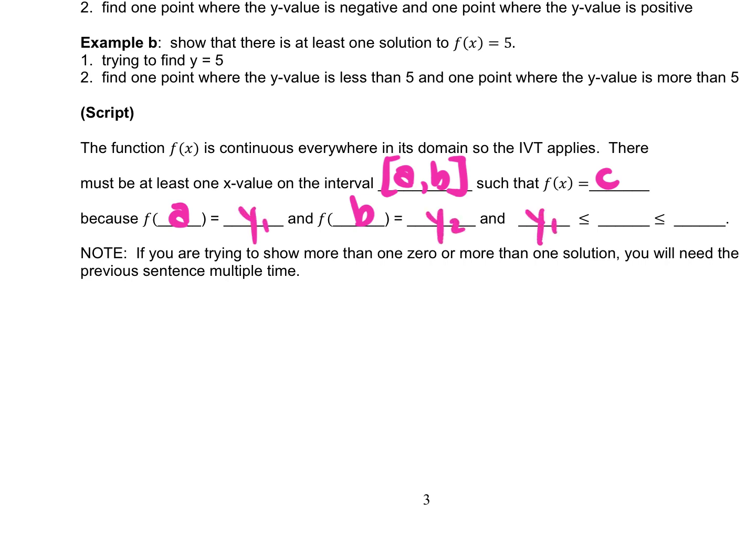And y1 is less than c, which is less than y2. Okay. And if you need to show that you have more than one 0 or more than one solution for that y equals, we have to write that statement multiple times, except for the beginning part, right? The beginning part is like you're starting off, and then the rest of it we had to rewrite multiple times.